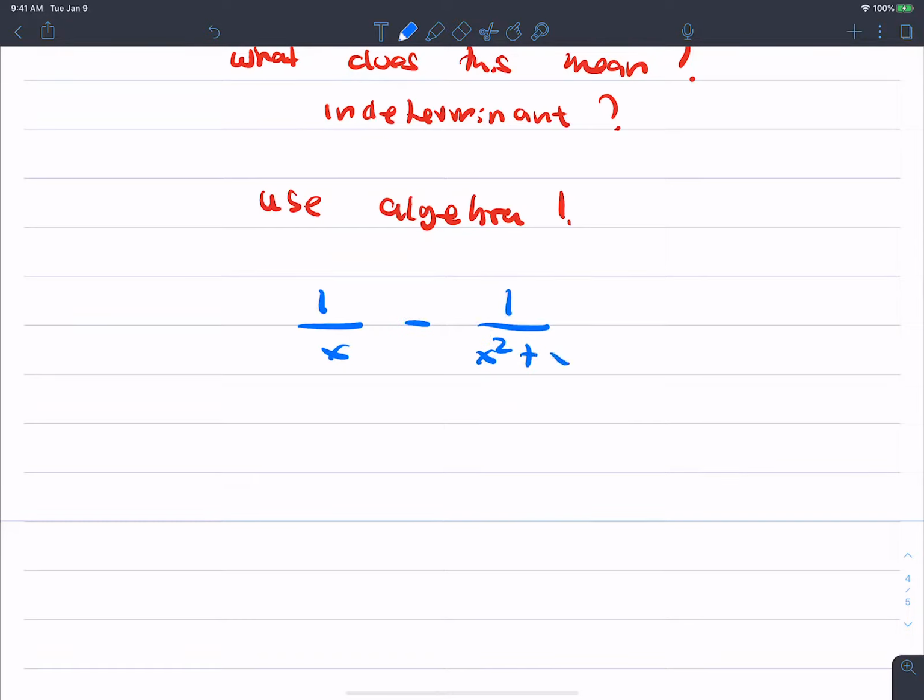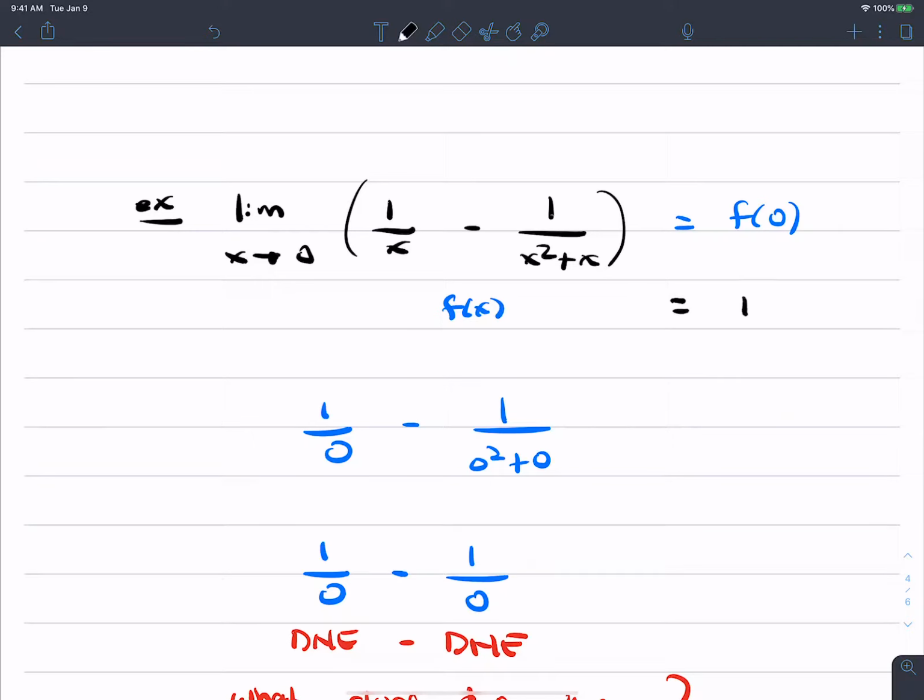And so the answer is 1 by direct sub. So the limit of f is the same as the limit of g, which means going all the way back here in this case, let's be careful, didn't like it the last time, is simply 1.